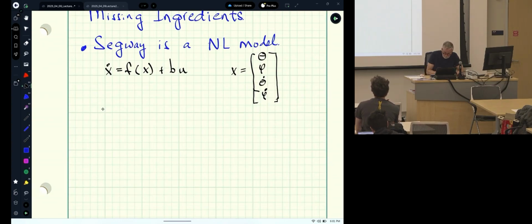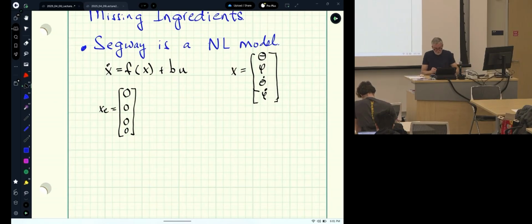It has an equilibrium when the lean angle is 0. You can set the wheel angle to anything you want, 0, and then the velocities are 0. Okay? So that's an equilibrium.